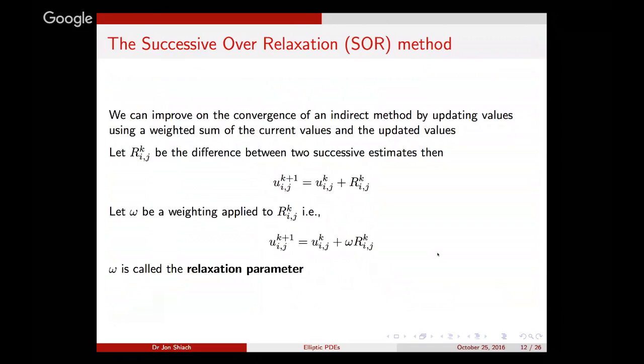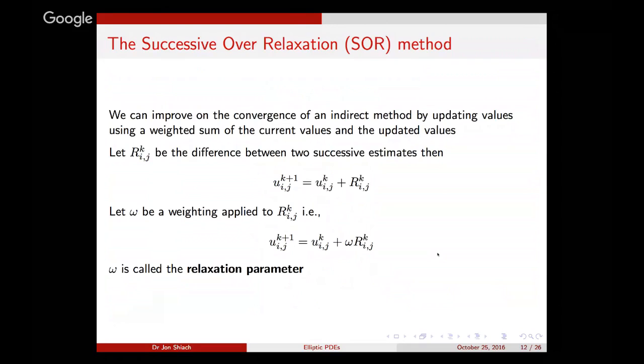What I mean by that is, if R is the difference between 2 successive iterations, then our next value is equal to our current value plus whatever that difference is.